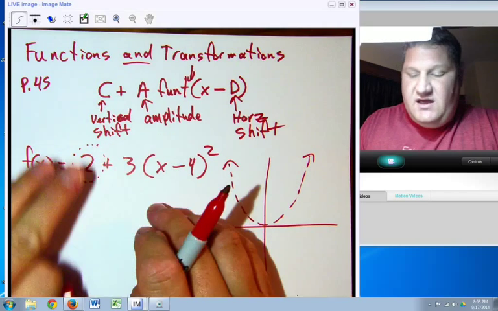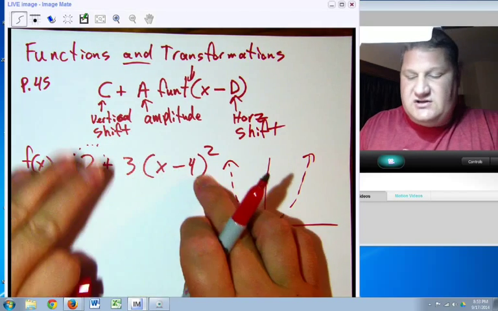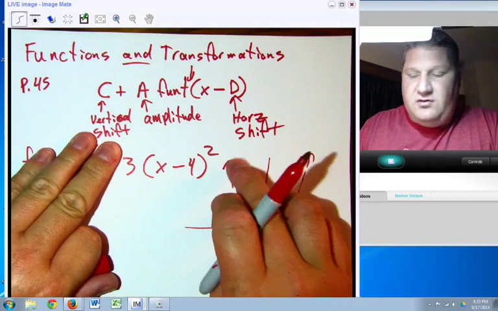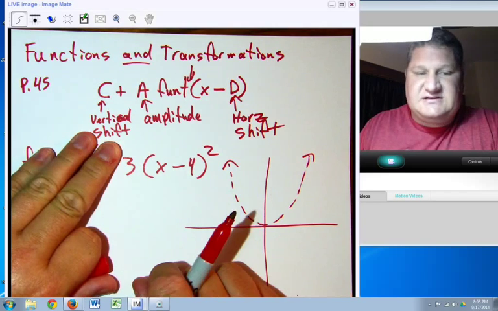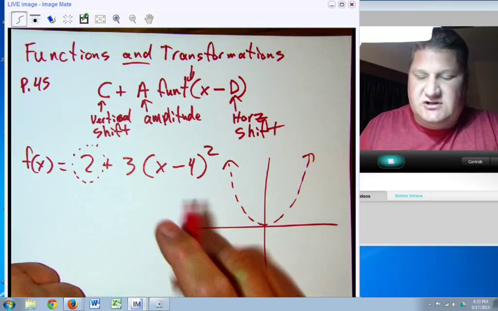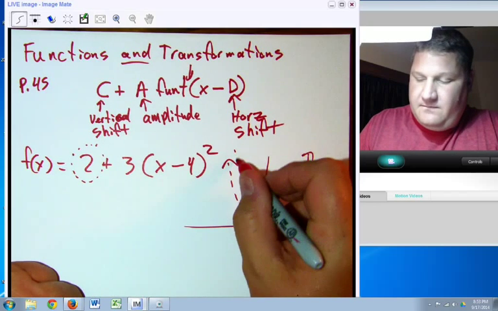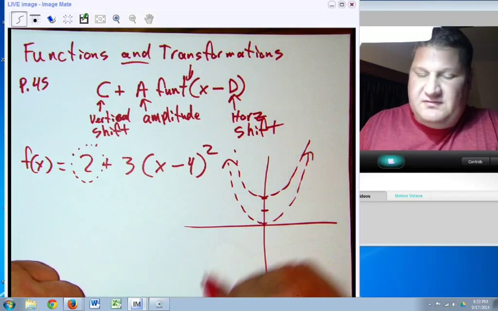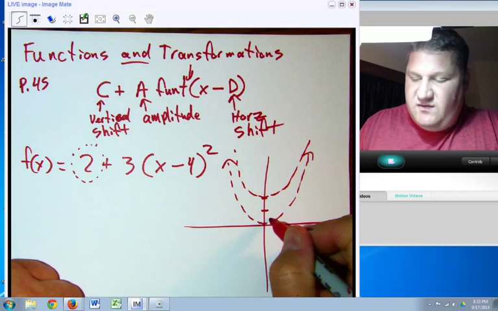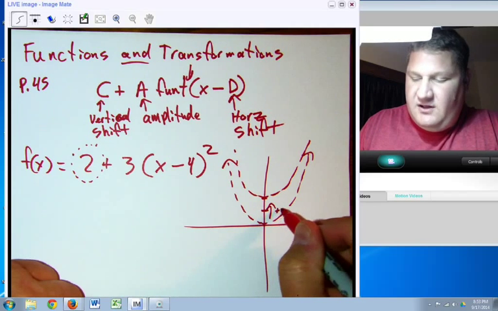It could be 2 plus all this, or all this plus 2, but the key is it has to be just tacked on additionally. So we're going to take this function and move it up 2. We just move the whole thing plus 2.